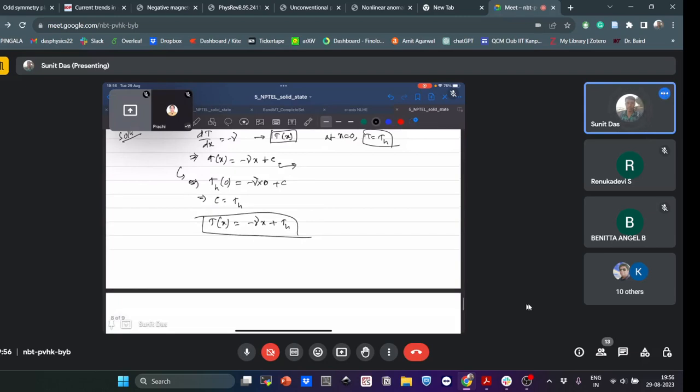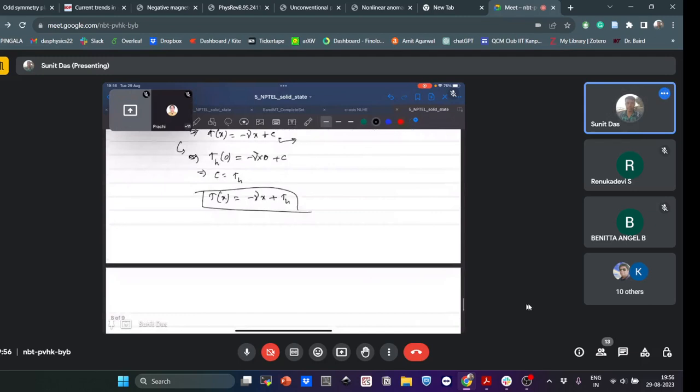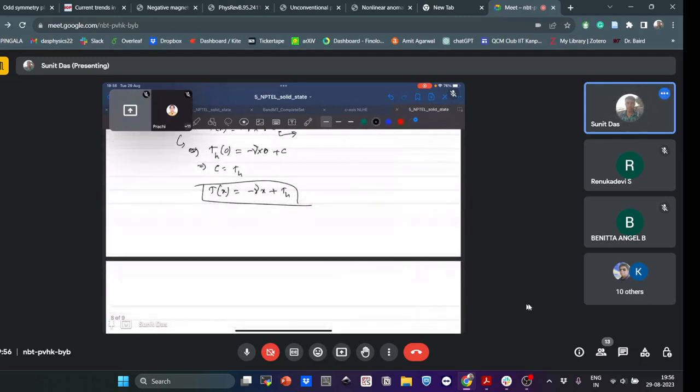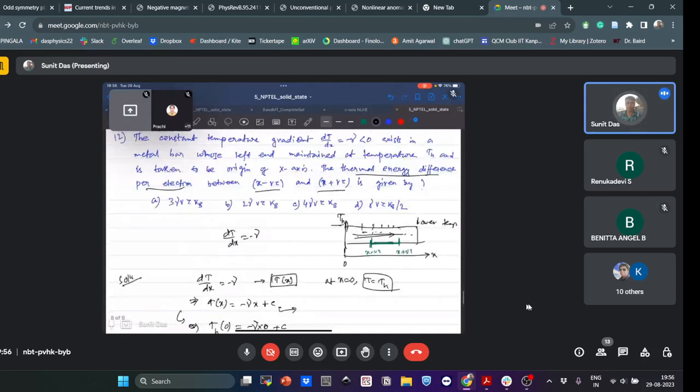Now what is the thermal energy? This is the temperature, and we need to find the thermal energy, not the temperature.